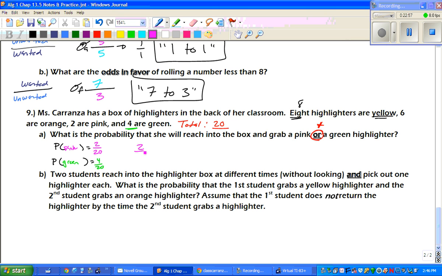So you take the 2 out of 20 and add that with 4 out of 20, and we get a grand total of 6 out of 20. Now, can we reduce that? Yes, we can. And remember that we want decimals too. So divide that out and you should get 0.3.